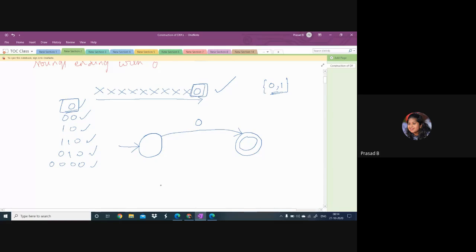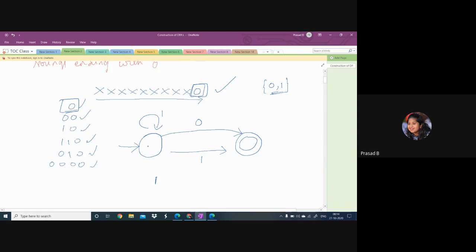Okay, now look at this. If the string is 1, shall I accept? No, because it is not ending with 0. Every time we start from the initial state. So in this state, if 1 comes, I can remain in this state, or I can go to the final state. There are two options, because we have only two states.